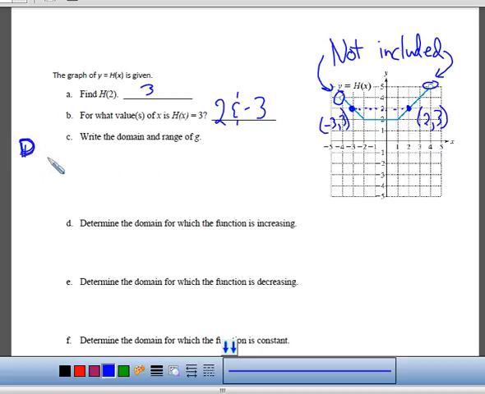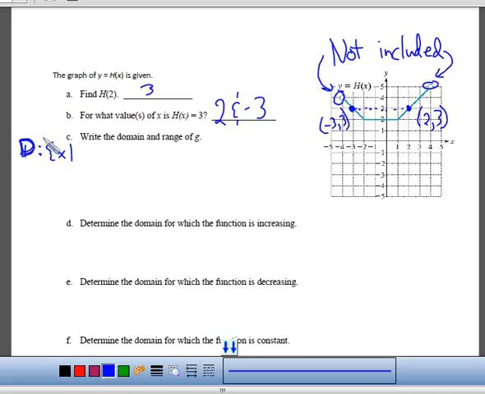Okay? Alright, here we go. So what does this look like? The domain is the set of all x, such that, now if we look, our highest value for x is 4, so go to this point, follow it down, x is equal to 4. Go to this point, follow it down, x is equal to negative 4.